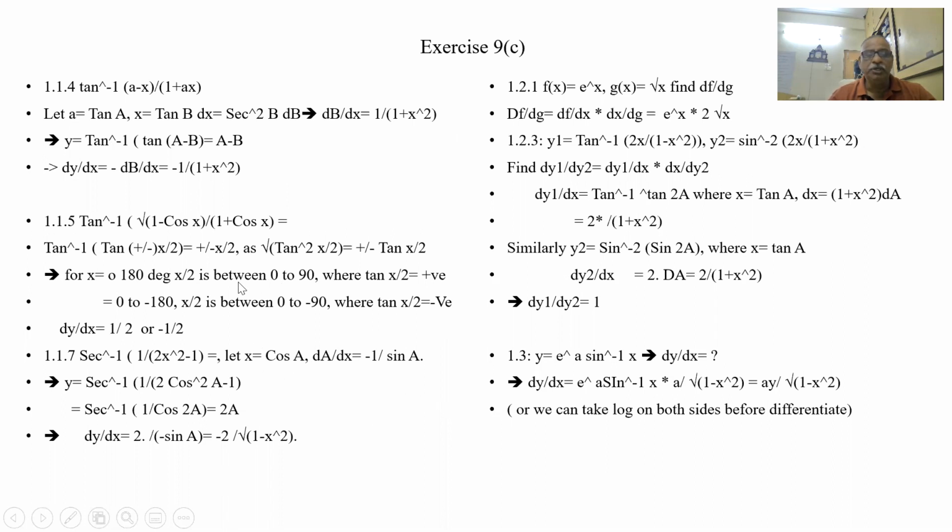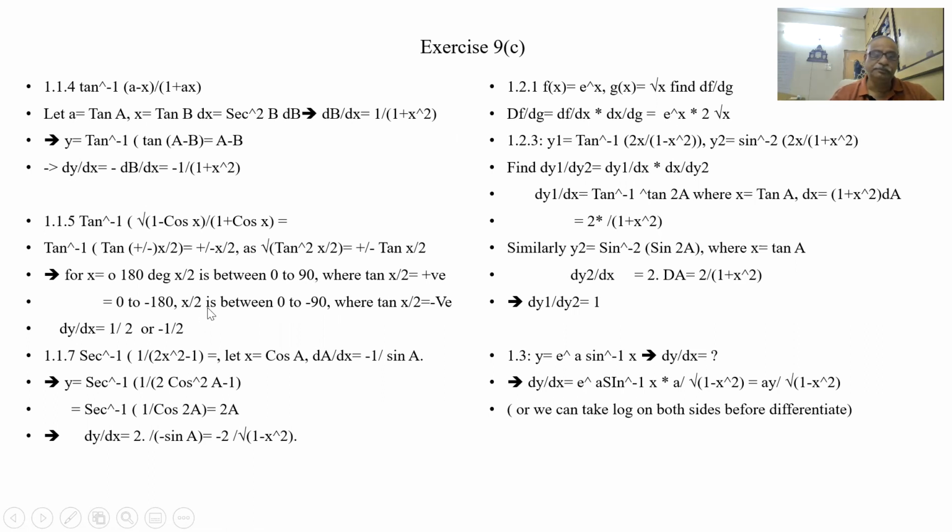See, tan theta is positive in the first and third quadrant, but x by 2 is between 0 to 90. 0 to 180 means x by 2 becomes 0 to 90, positive.